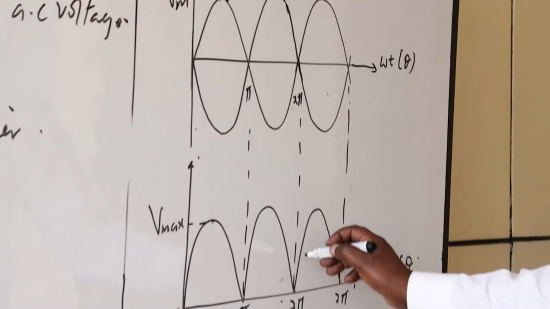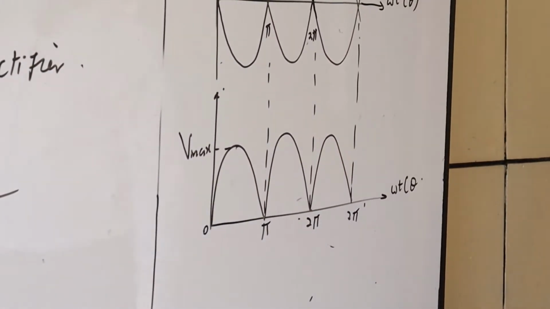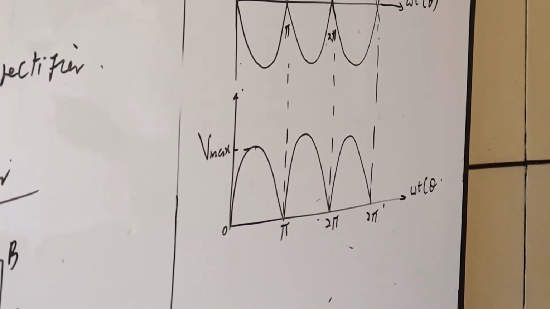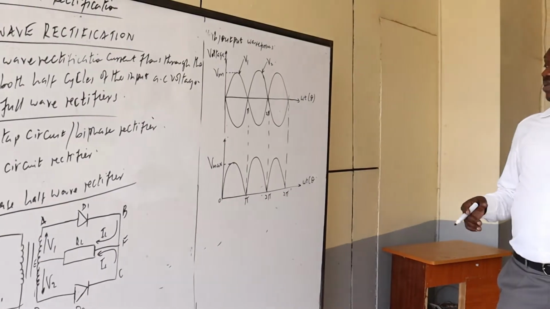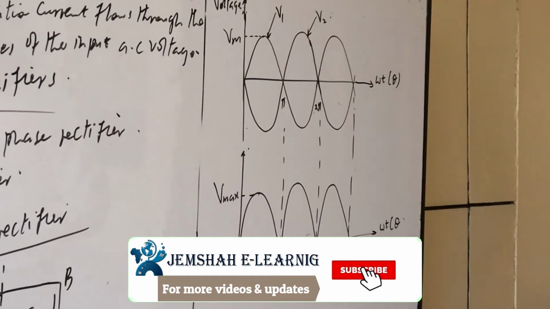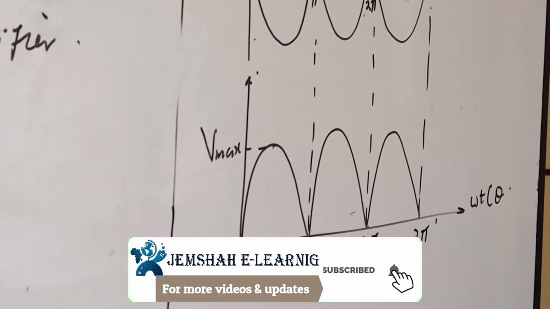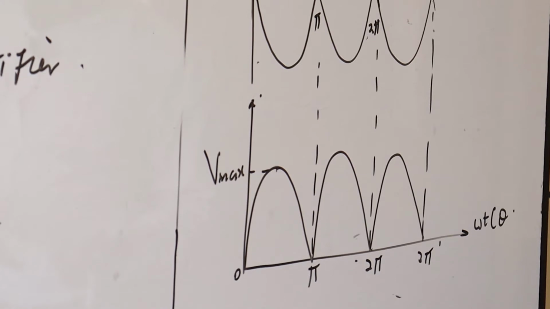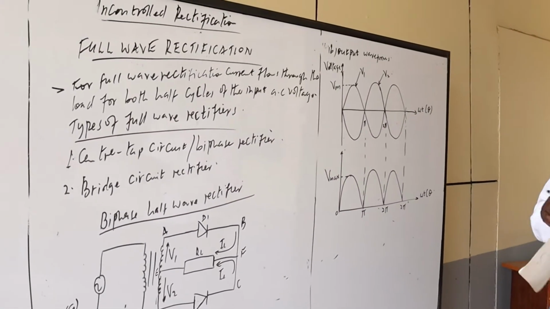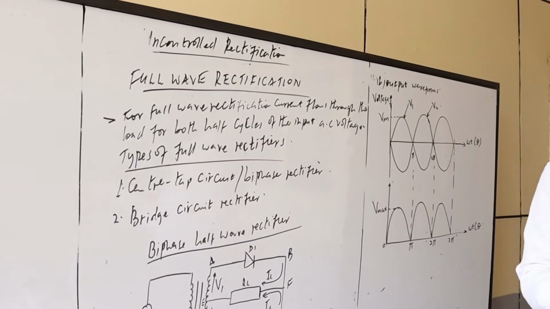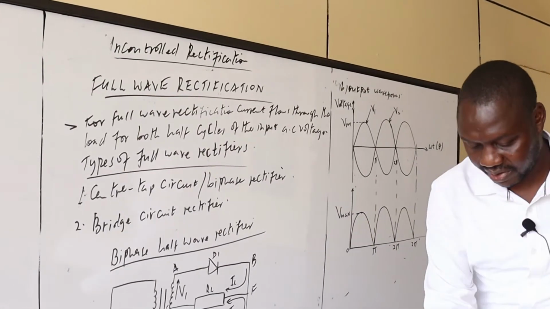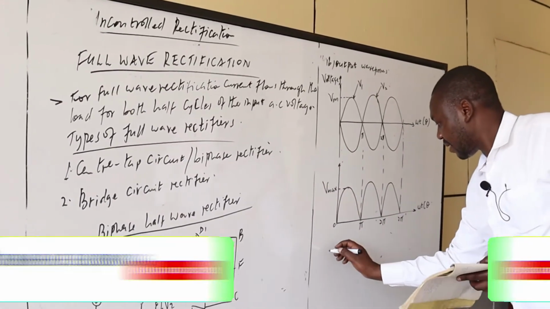That's why the waveform appears like so, unlike the single phase half wave rectifier, where current was only flowing through the load during the positive half cycle only. So we can also do the analysis here and find the parameters. So analysis, maybe we can start from this point.